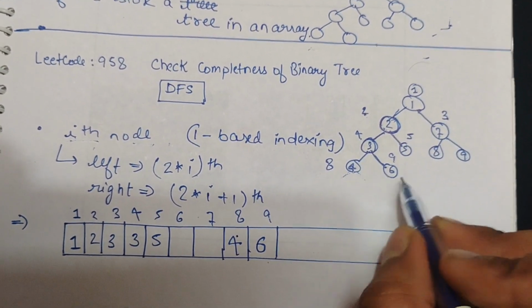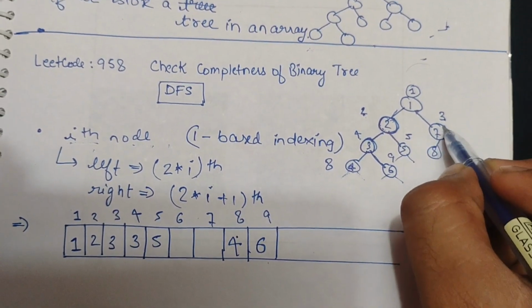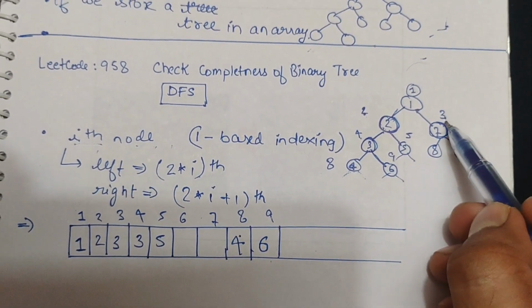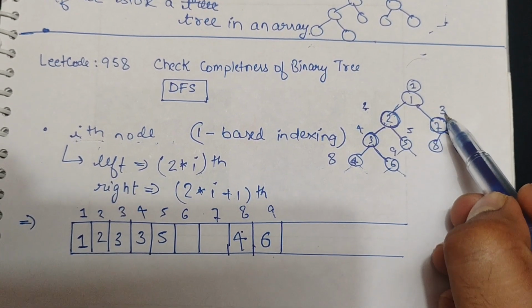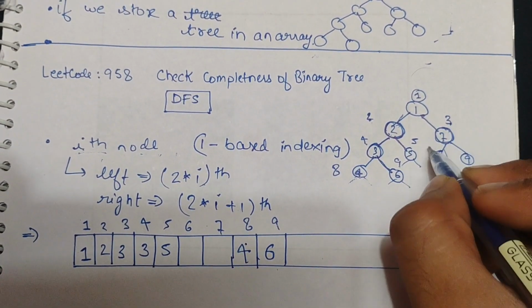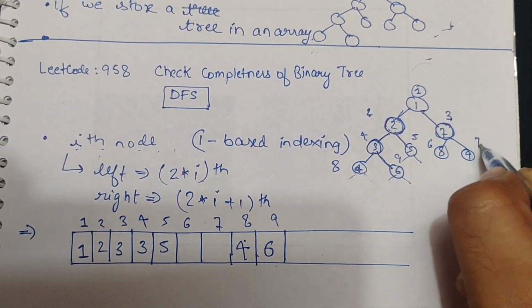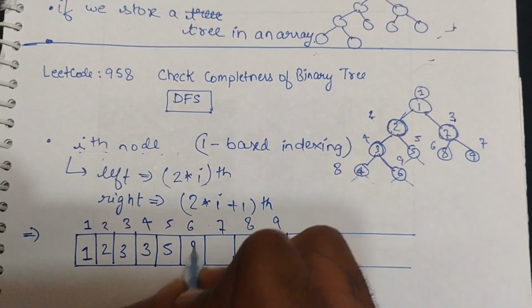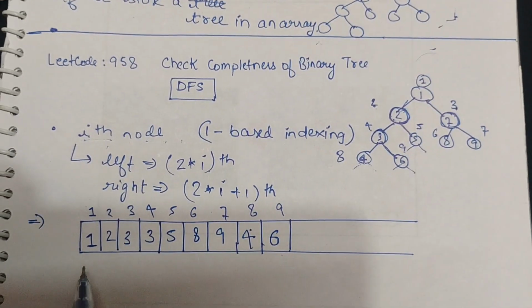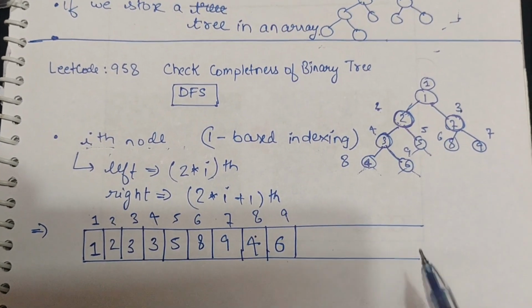These nodes do not have any left or right. Now I'll store this one. It is at the third index, so its left will be stored at 2 into 3, that is 6, and right at 2 into 3 plus 1, that is 7. So you can see I have stored all the nodes in this tree in an array.